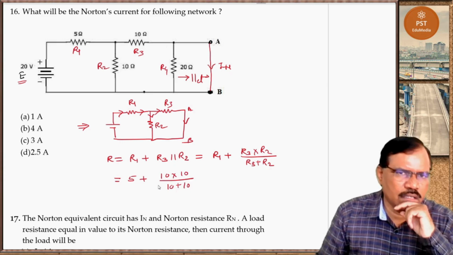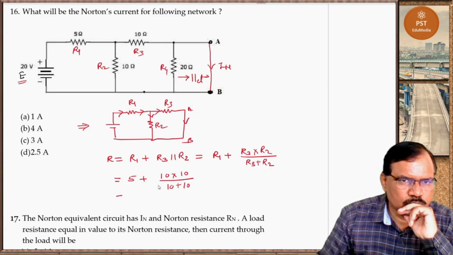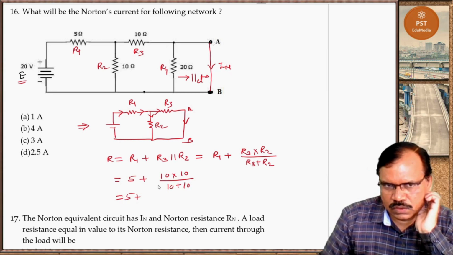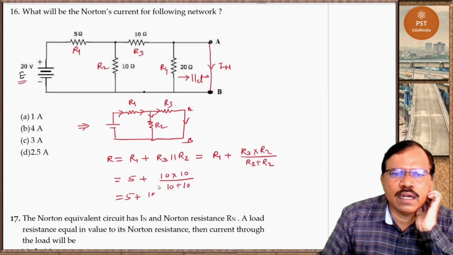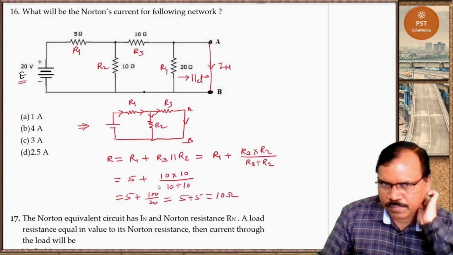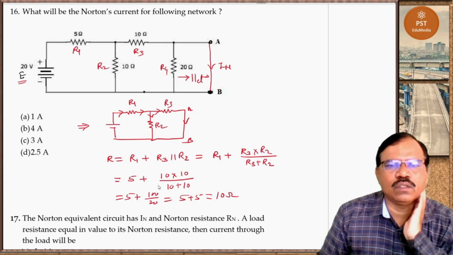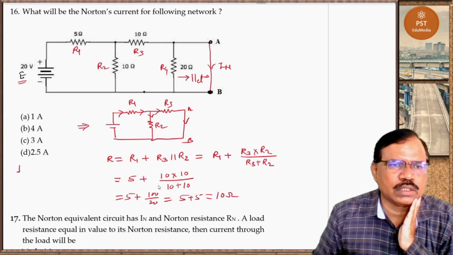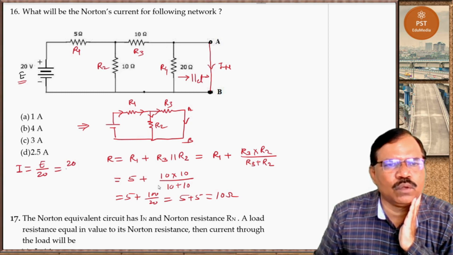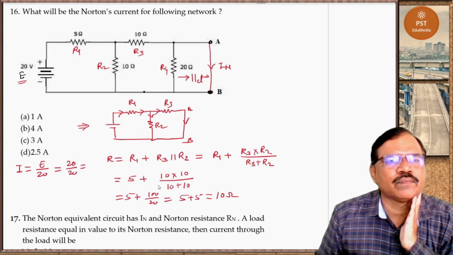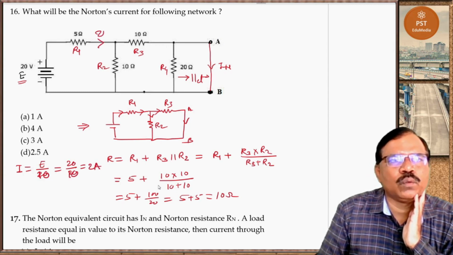So it is 5 plus 100 divided by 20, that is 5 plus 5, that is 10 ohm. That is the total resistance of the circuit. So what is the total current? E, 20 volt, divided by 10, that is 2 ampere. That is the total current here, 2 ampere.